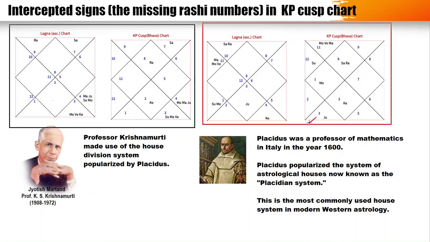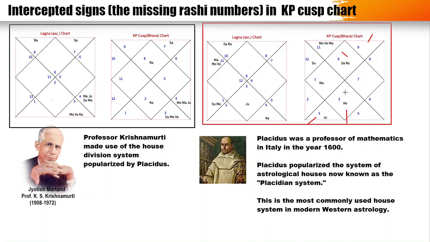Especially if you look at the 6th and the 7th, you find that they have the same numbers. And similarly, the 12th and the ascendant also have the same number. So this is what is called the intercepted sign.